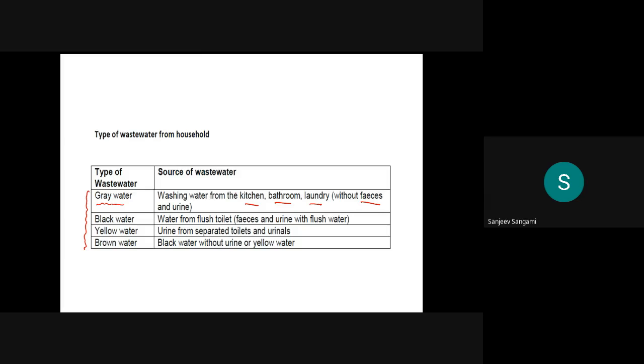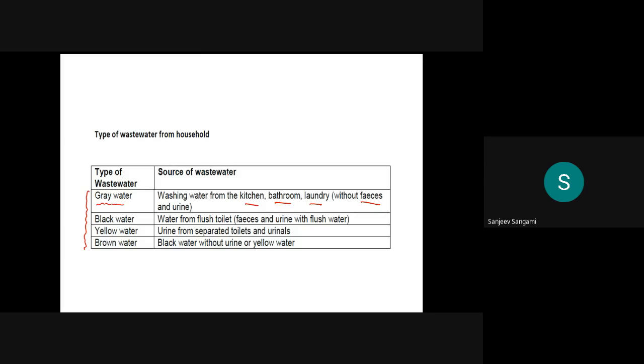Brown water is black water without urine, or yellow water. Different types of wastewater we will name based on their usage.